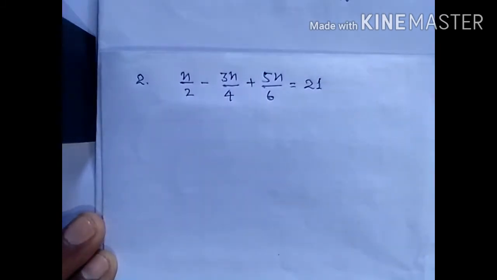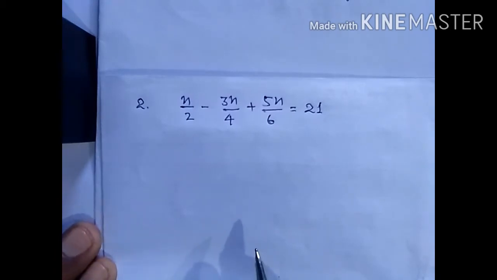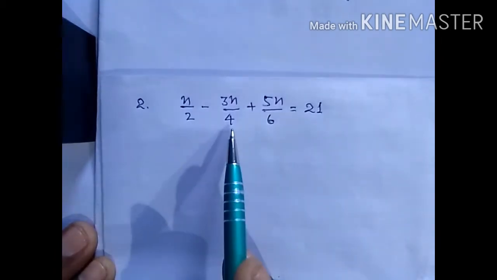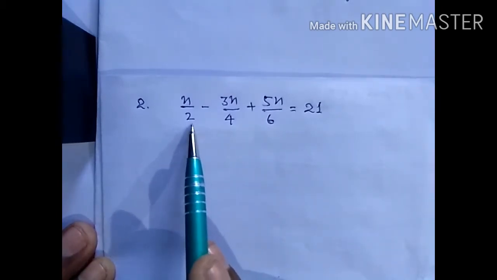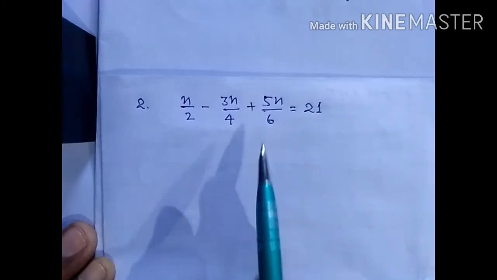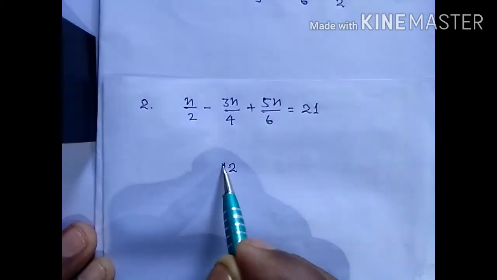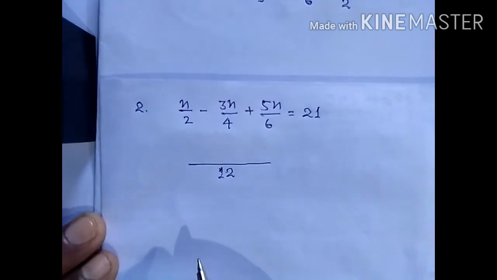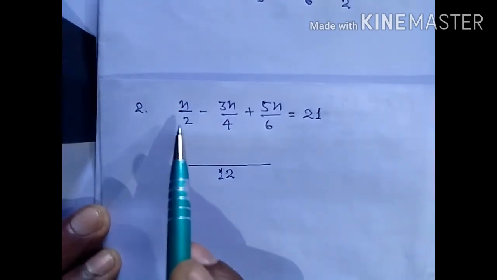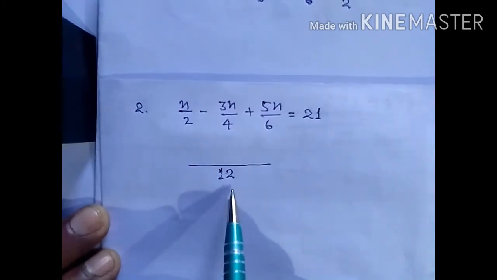So first of all, we take the LCM of the denominators in this question. The denominators are 2, 4 and 6. The LCM of 2, 4 and 6 is 12. So we take LCM 12 in the first step, and after taking the LCM we multiply the numerator by the same number by which we multiply the denominator to make 12.